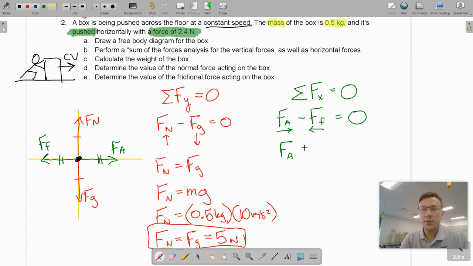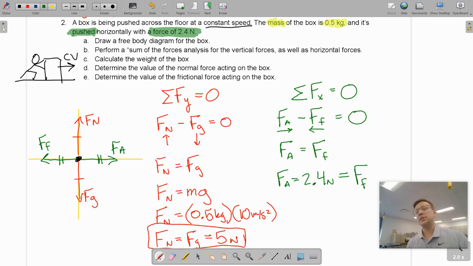The applied force will be equal to the frictional force. We can show that if you add the frictional force to each side. The question prompt, which I've highlighted in green, already told me that the applied force is equal to 2.4 newtons. That means that must also be the value of the frictional force acting against it.